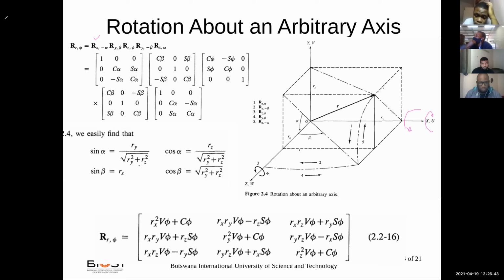The order will matter because if we follow this and first rotate by negative alpha and not alpha, negative alpha is going up like that.